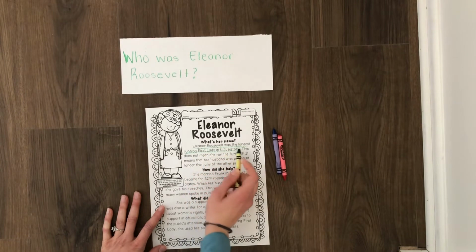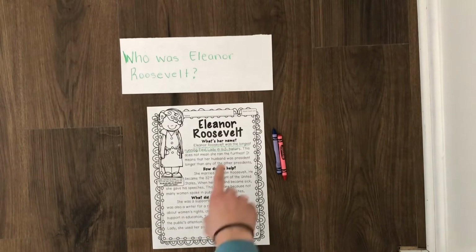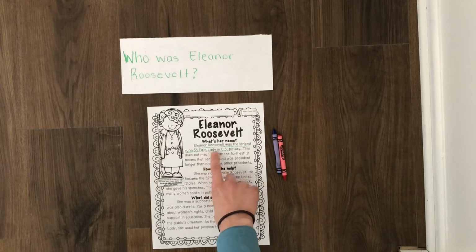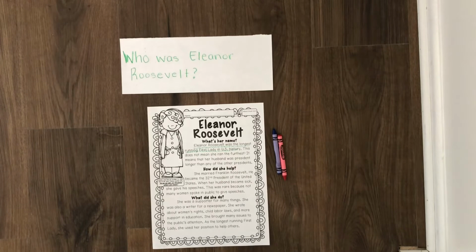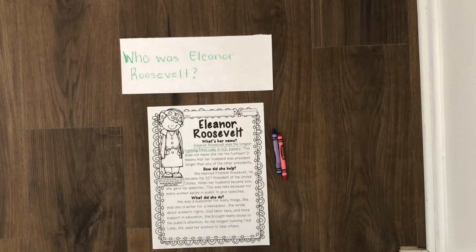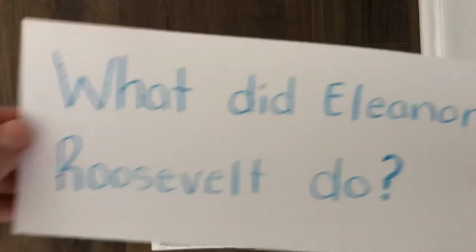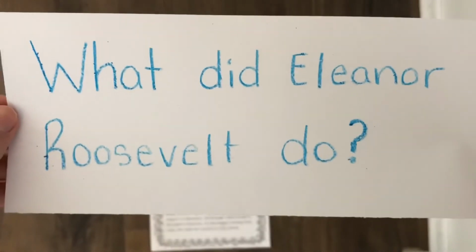All right, the answer to the question, who was Eleanor Roosevelt? She was the longest running First Lady in U.S. history. I found evidence in the text that answers the question. Let's go to the next question. Okay, the next question is, what did Eleanor Roosevelt do?